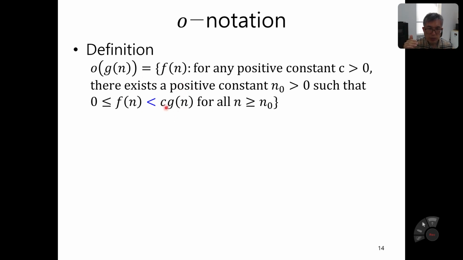So c·g(n) is a proper upper bound, not overlapping, for n greater than or equal to n0. This is the threshold. For any positive number, this is an upper bound, so in that case f(n)'s upper bound is g(n).